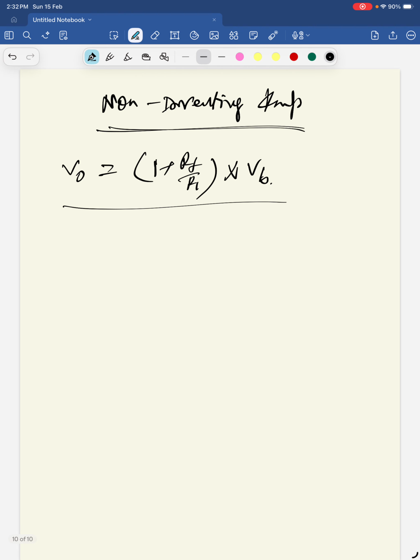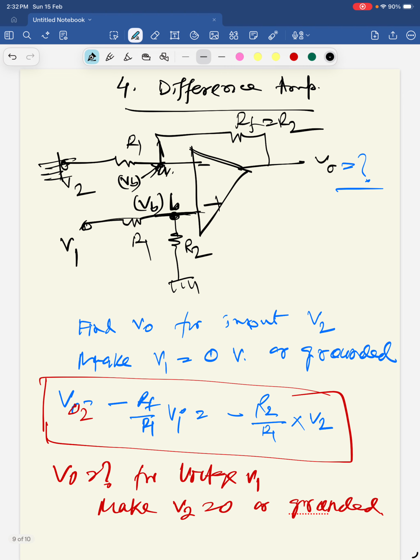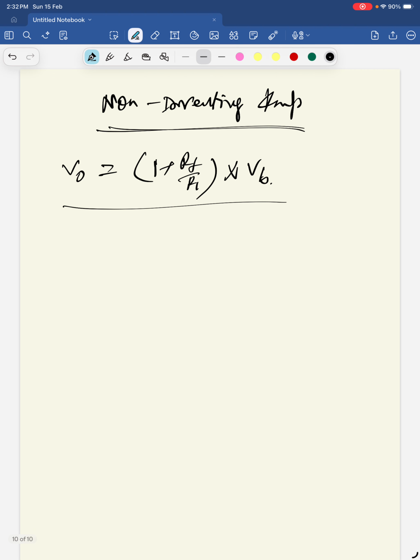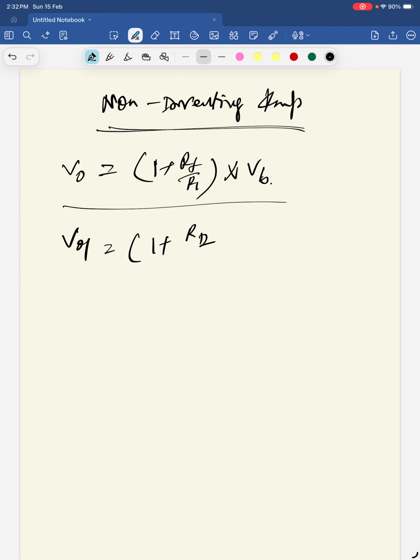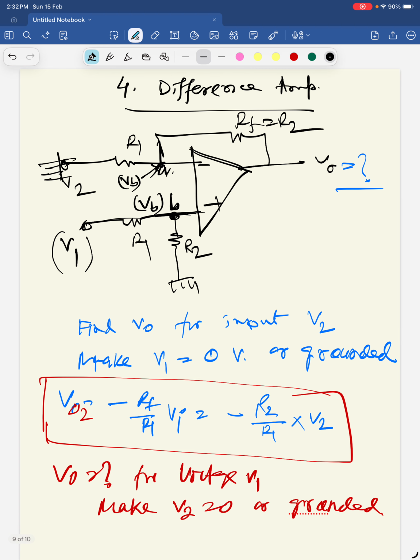Because we are finding the voltage for V1, now V01 we are telling is 1 plus RF, which is R2, by R1 into VB. We have to find out VB. So now see, I am showing the path here.